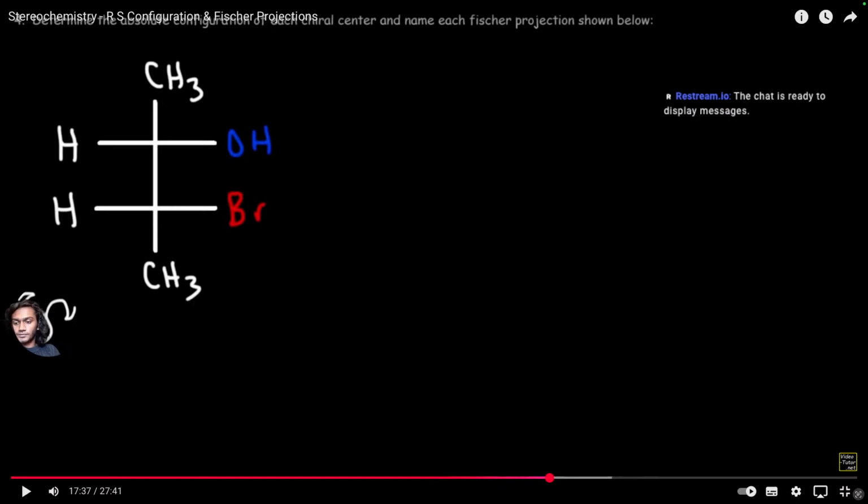It's not even here. 2 to the power of 9 is 512 stereoisomers. 512 stereoisomers are possible.